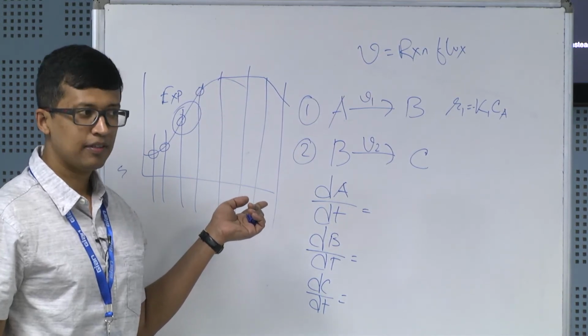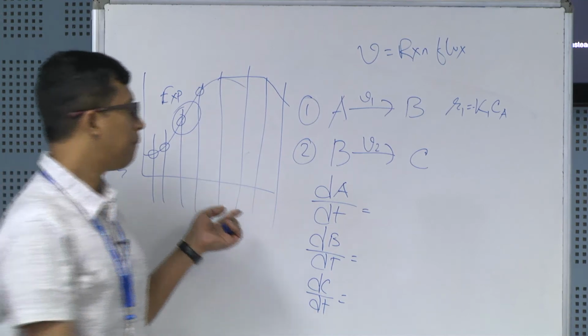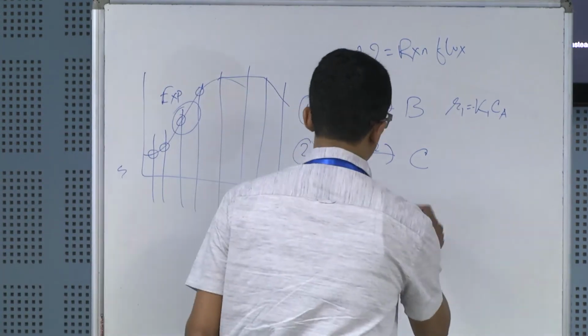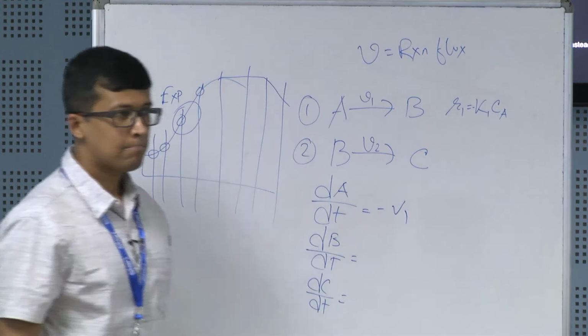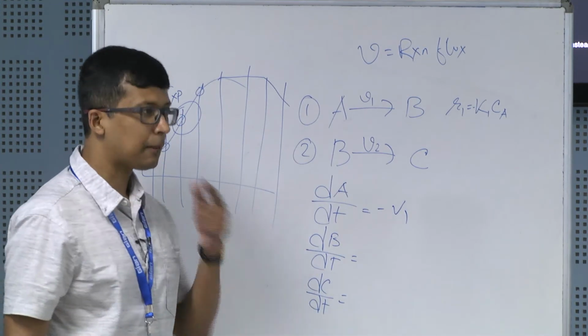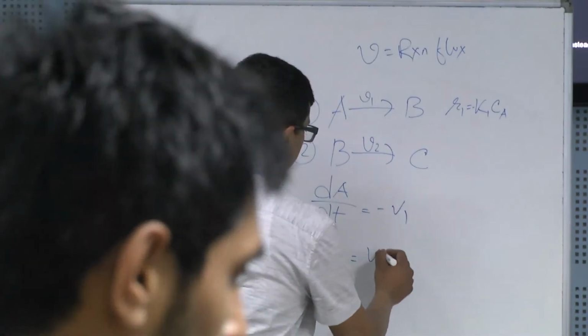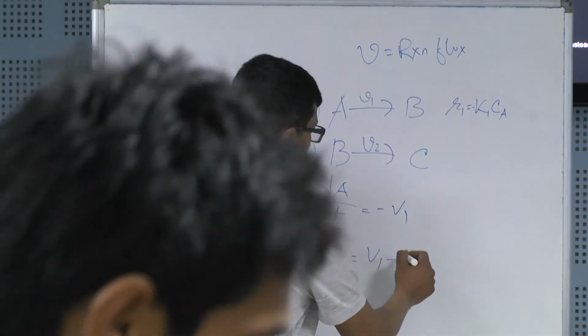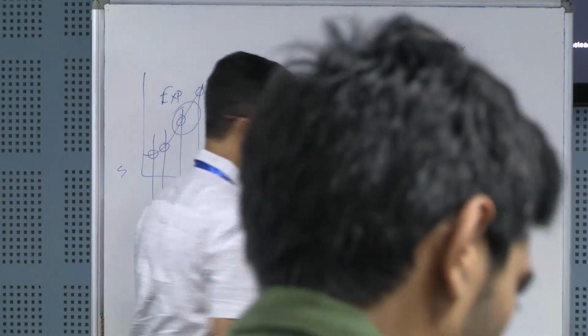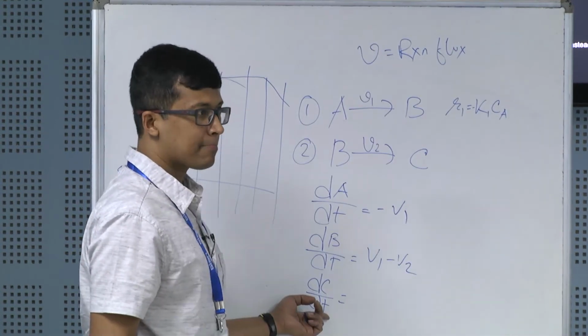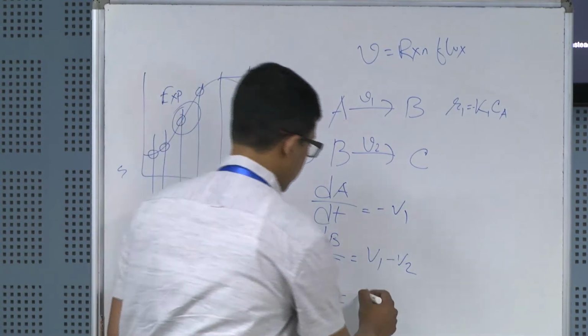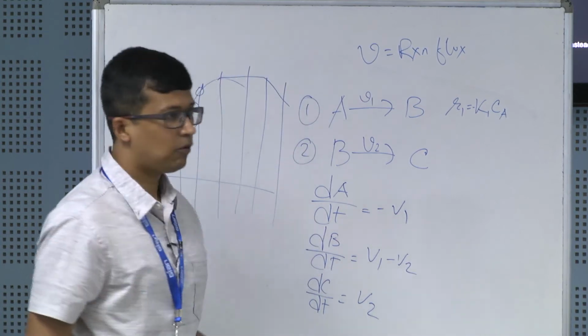Negative, minus V1. What about B? Plus V1, and what about this? Just V2.